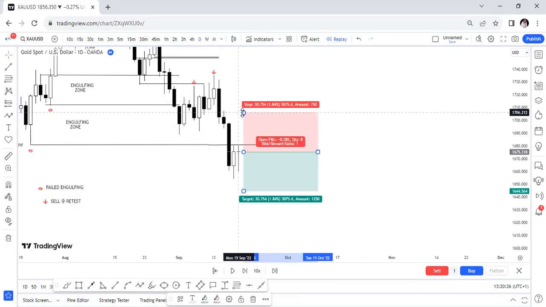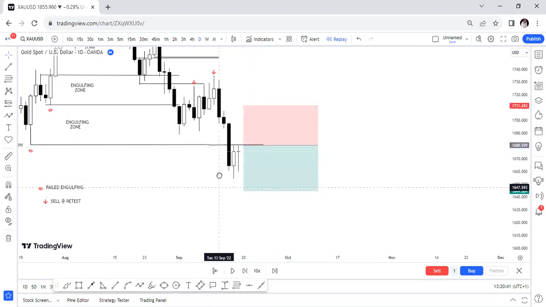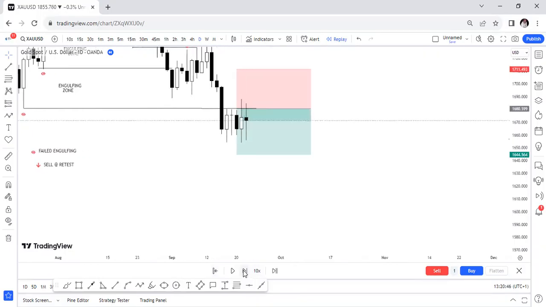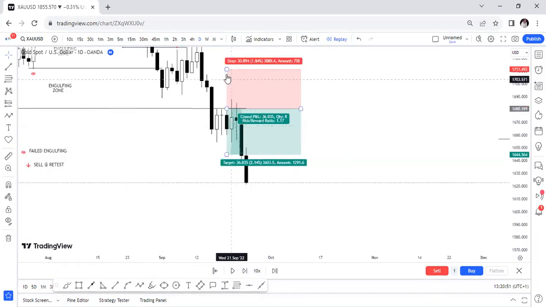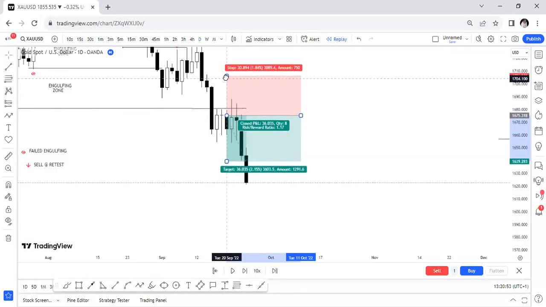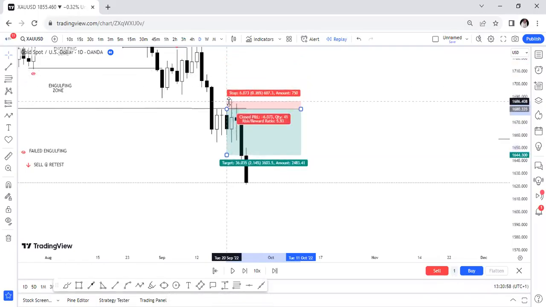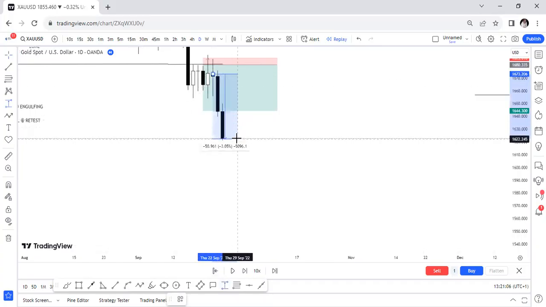This is the zone, the upper zone of that failed engulfing. Targets. I'm going to put more sells, and once price breaks through, move your stop loss, make it tight. So you secure another good trade. That's 504 pips secured.